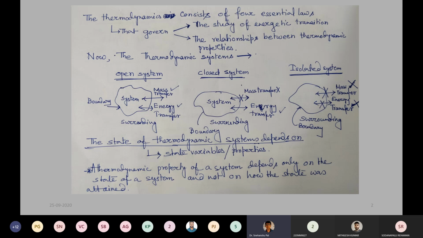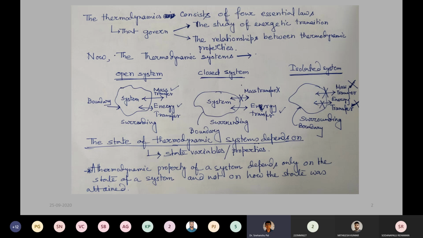In this case, it is an isolated system. So two extreme cases are there. One is the open system, where mass, matter, entropy, everything can be transferred from system to surroundings and surroundings to system. Here, nothing can be transferred from system to surroundings. That is called isolated.